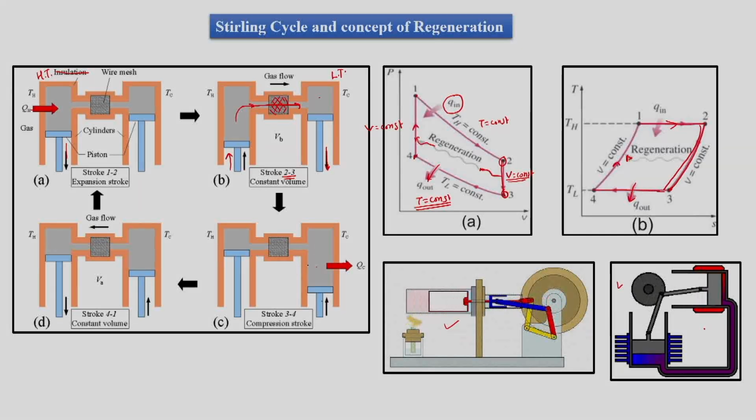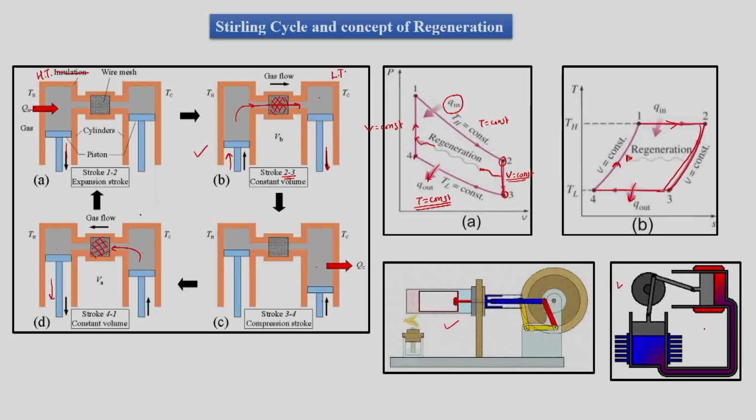the cylinder. But then in the next phase, as this cylinder is moving forward, the other cylinder will try to come back. So the gas completely will move from this cylinder to this cylinder, and in this phase it will again take the heat which it has given to this wire mesh or buffer, such that in the motion of the gas for the constant volume process it will regain the heat which was left out by the same gas.